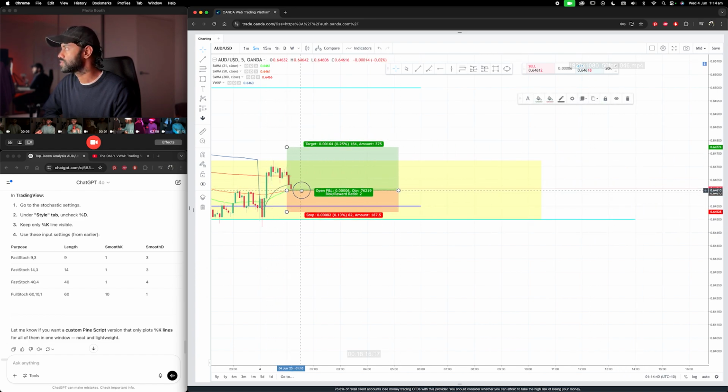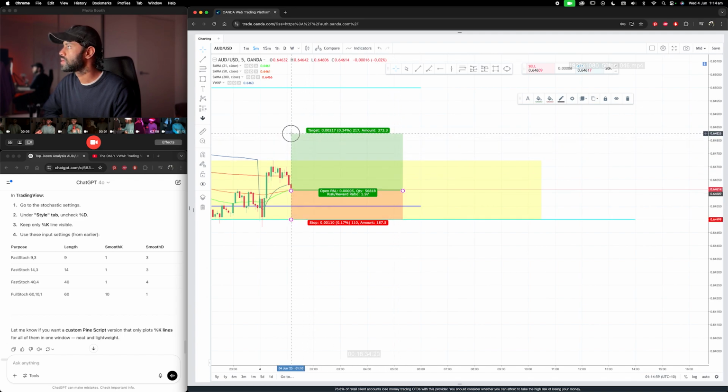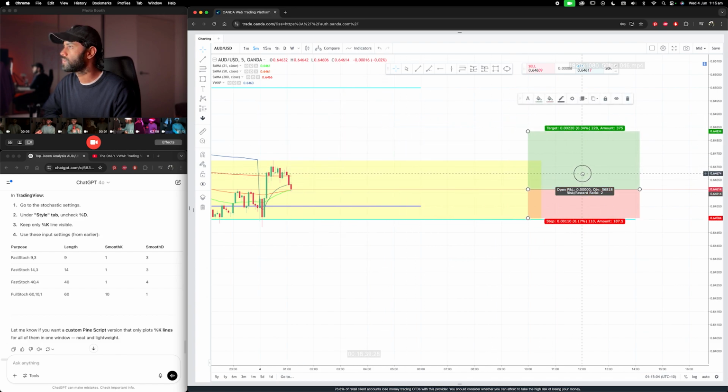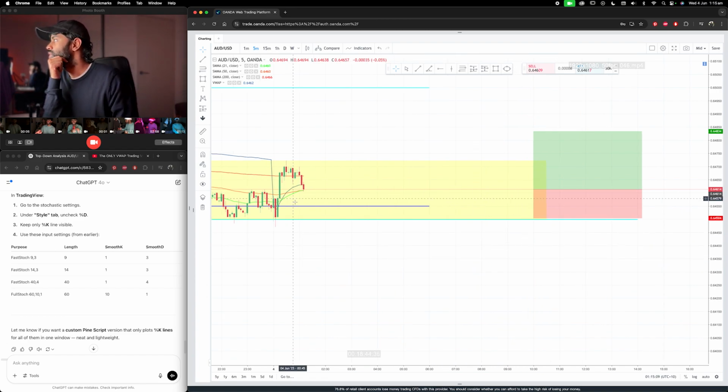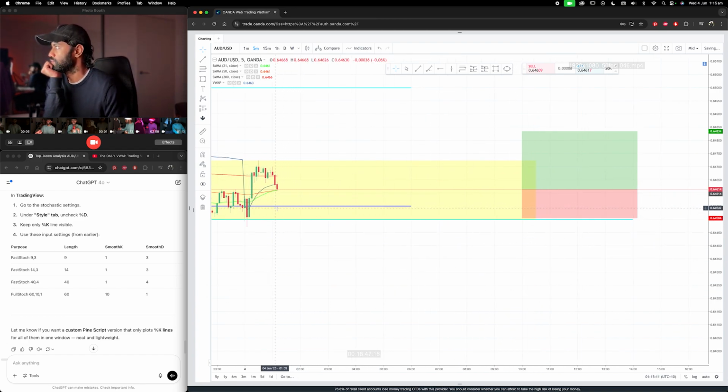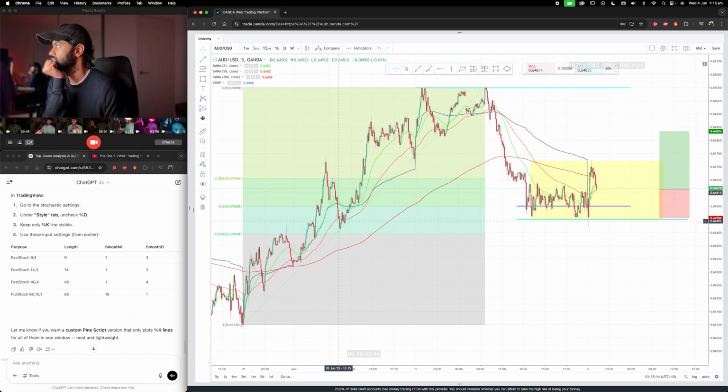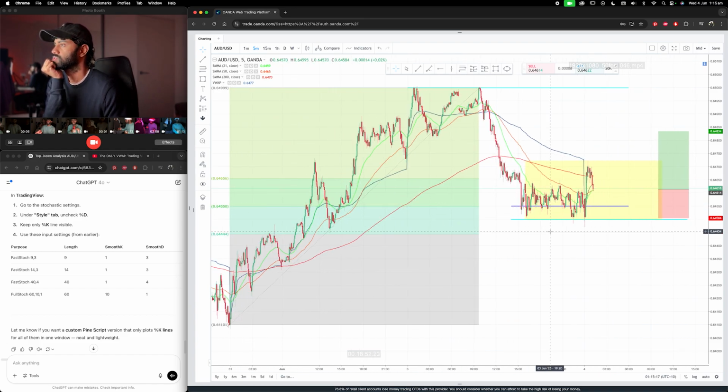So you can technically enter a trade here and then put it just below. That could be a potential trade for long. But I'll wait for this blue line because that's the golden zone. As soon as it comes into the golden zone, I'm going to buy it.